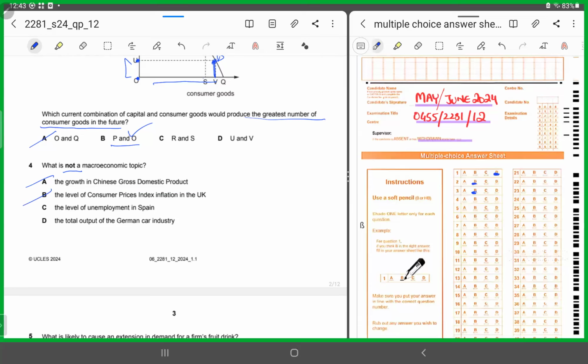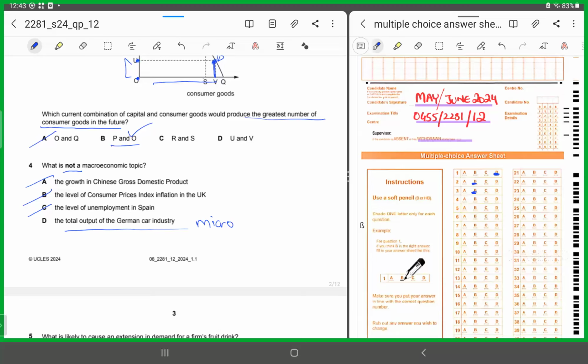Eliminate that. C says the level of unemployment in Spain. Again, unemployment is a macroeconomic topic. And D says the total output of the German car industry. Now, why is it not a macroeconomic topic, and why is it a microeconomic topic? Because it is referring to a particular industry, a particular sector. It is not talking about the aggregates of the economy.